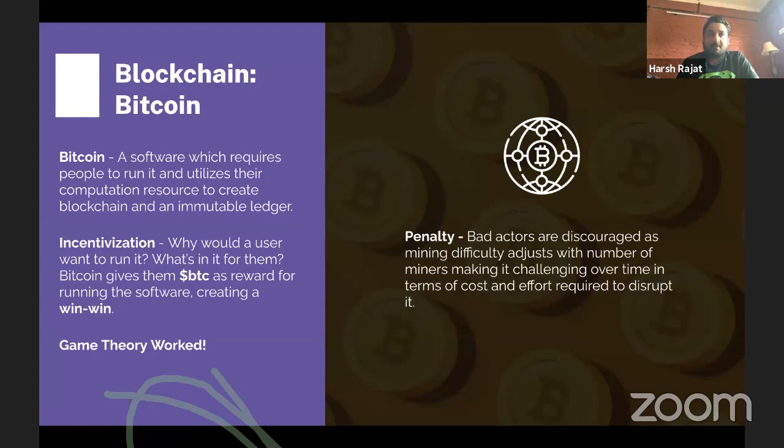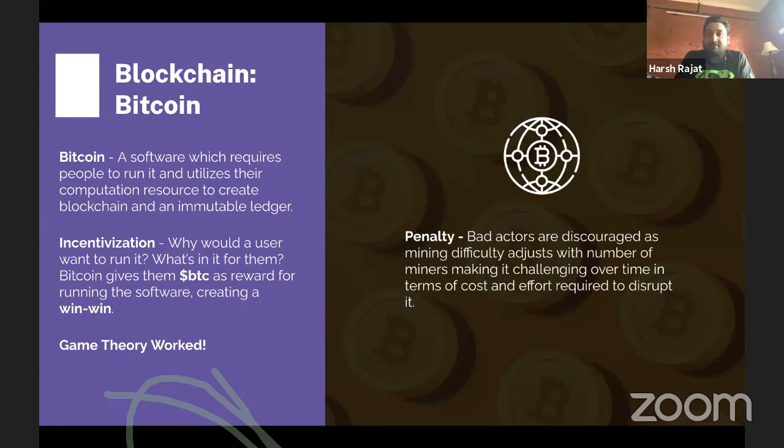And if a lot of users run this piece of software, then essentially these software instances talk to each other and maintain an immutable ledger, which can then be used to track cryptocurrency movement, or the digital money movement.